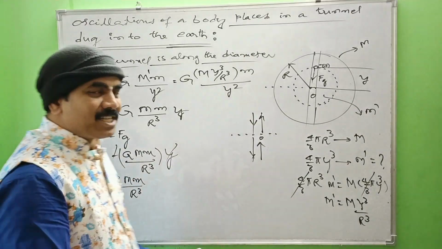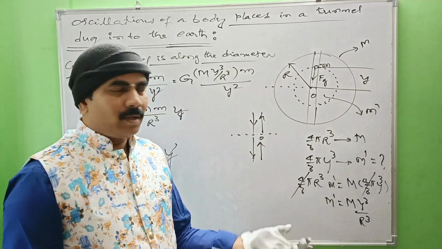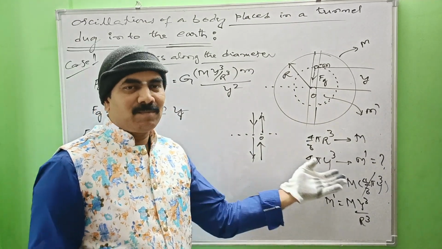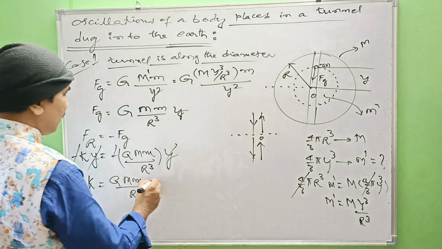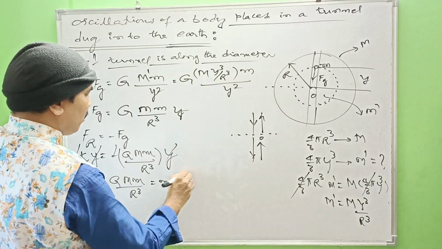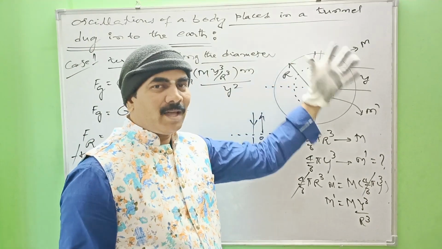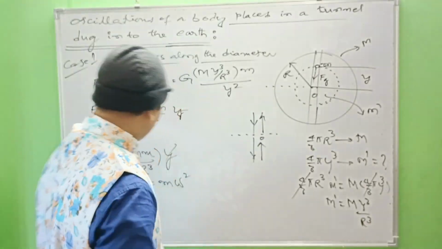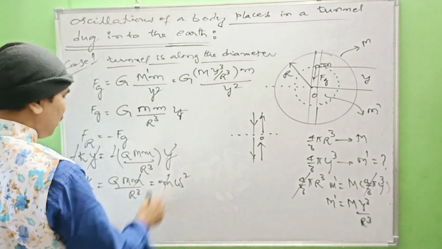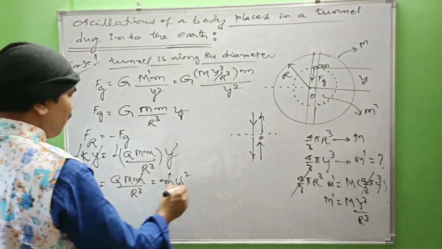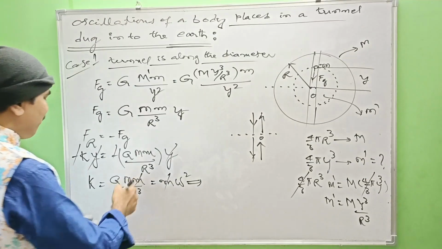So by the definition itself, what is k? k equals mass of the body multiplied by square of the angular frequency, that is m omega square, where m is not the mass of the earth, that is the mass of the oscillating particle, otherwise body. That's the small m. So cancel, implies omega square equals GM by R cube.